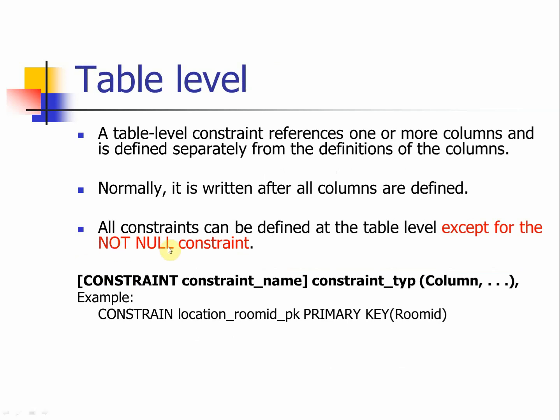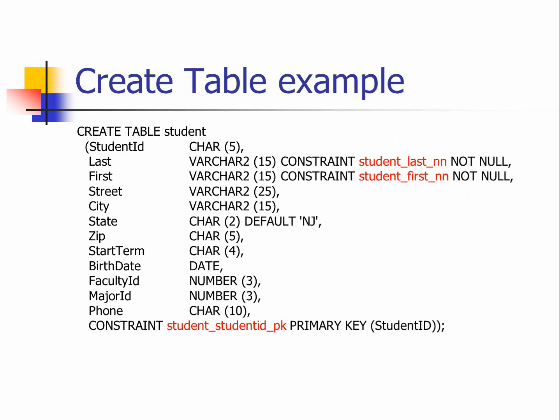Not null has to be defined at the column level, because when you define this attribute, you should already know whether it can be null or not. So that is the only exception for the constraints to be defined as table level constraints. So you can see that we can define some column level constraints, and we can define some table level constraints.